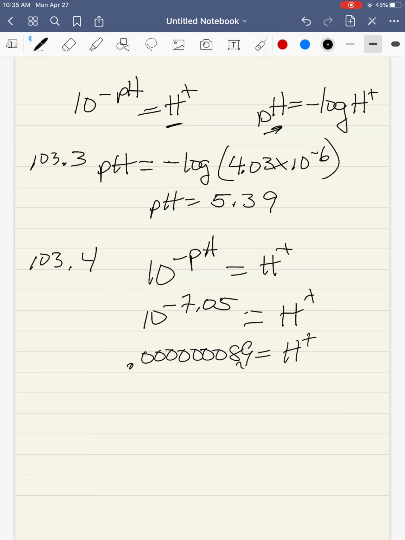So that's moving it 8 places, so that'll be 8.9 times 10 to the negative 6 is the concentration of hydrogen ions. Oops, not 6. How many places did we move it? 8 places we moved it. So 8.9 times 10 to the negative 8. All right, that's all for lesson 103.